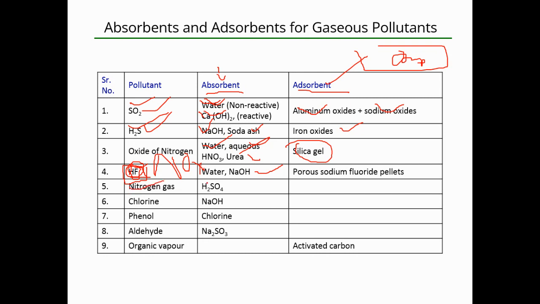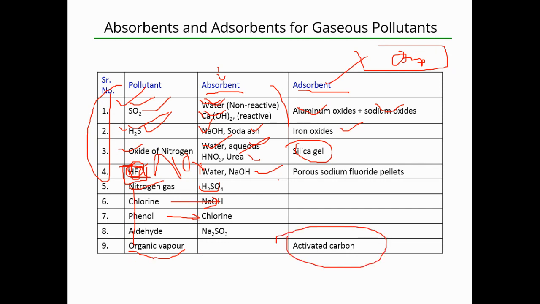Nitrogen gas, H2SO4 use, chlorine with NaOH, phenol, chlorine, these are not important. You have to just remember SO2, NO2, HF and H2S. For these first four you have to remember what types of absorbent and what types of adsorbent are used. For organic vapor, activated carbon is used.